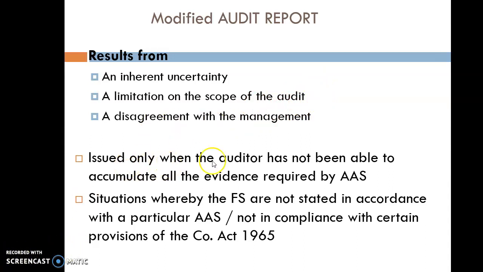It is issued only when the auditor has not been able to accumulate all the evidence required by the accepted accounting standard, and in situations whereby the financial statements are not stated in accordance with the particular AAS or in compliance with certain provisions of the Company Act. So the auditor can issue the modified audit report.